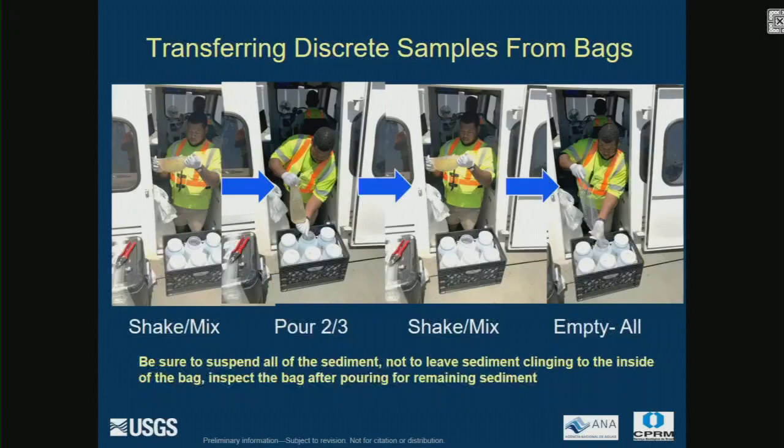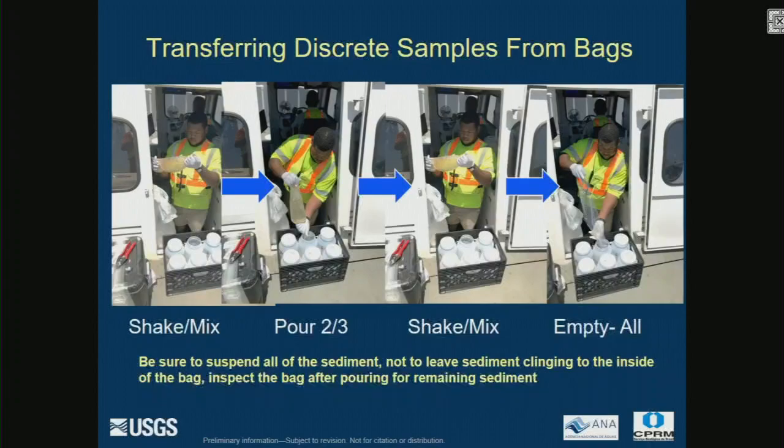As Austin Davis here in our center is doing this, this is about 2 liters of sample. And so we've got our samples here that we've collected. This is our boat driver in the middle, up front. And so he's been passed back the sample. He grabs the bag, shakes it up vigorously, and pours about half to 2/3 of the bag into the bottle.